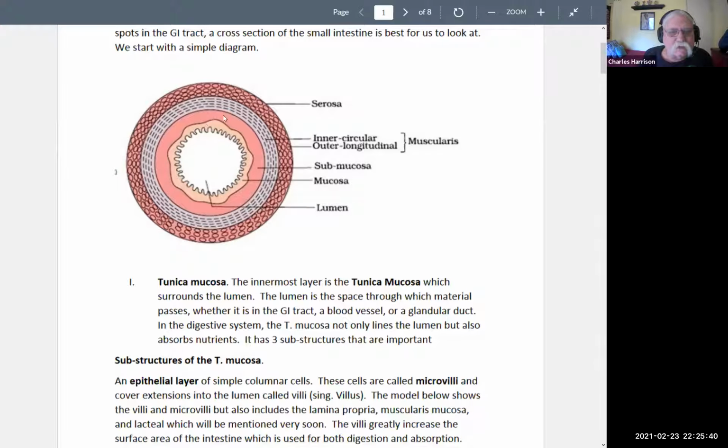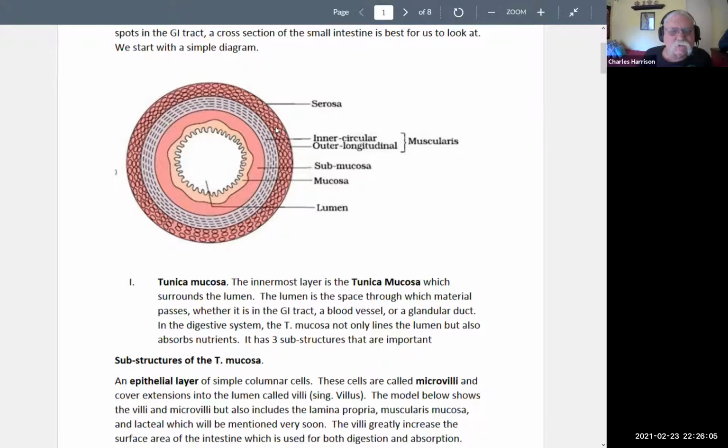The next layer is actually divided into two parts: circular smooth muscle, which squeezes and moves the contents of the small intestine forward, and longitudinal smooth muscle right outside.